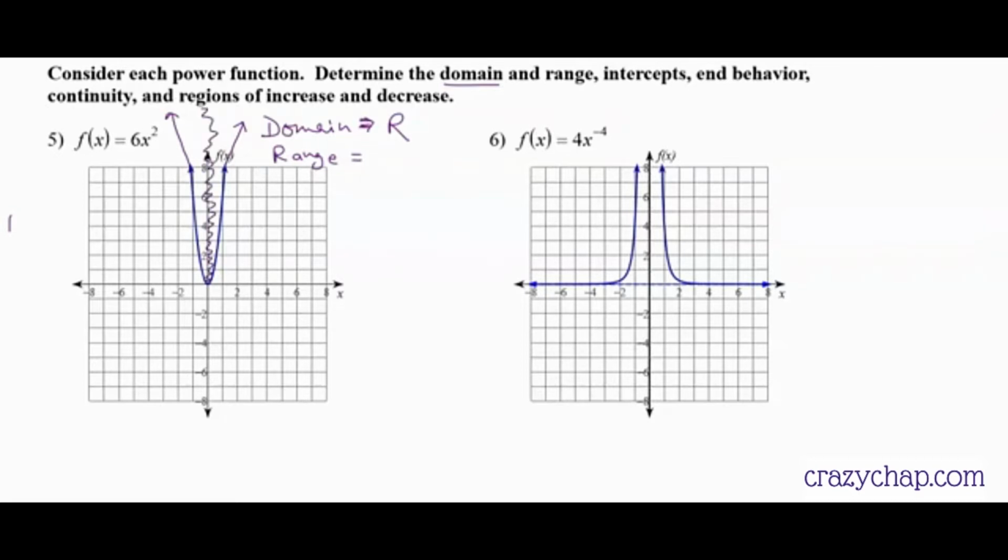So the range is all real positive values including 0. You can also write it like this, all the values from 0 to infinity. At infinity we always put an open interval, and at 0 it is a closed interval. Why? Because it is touching the y value at 0 also. So the range is 0 to infinity.